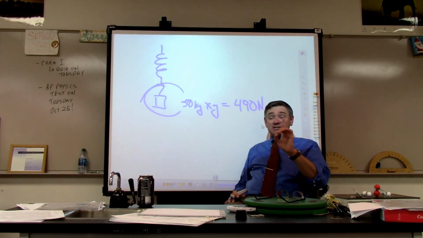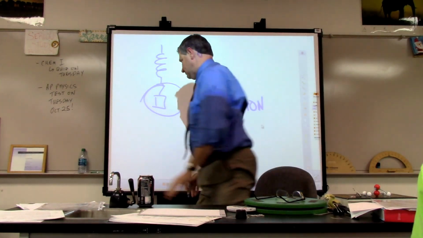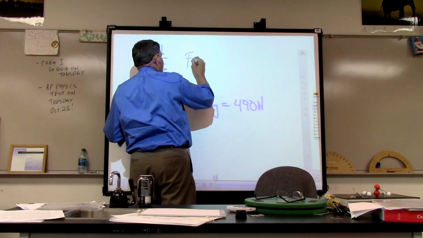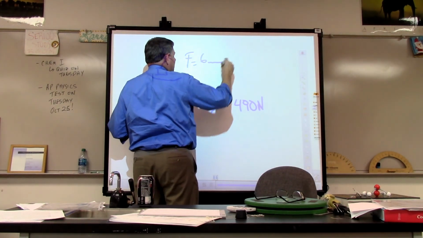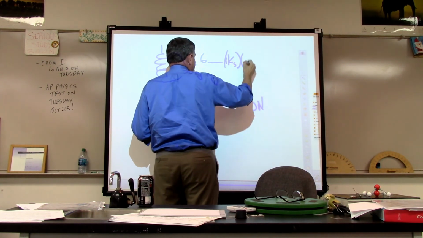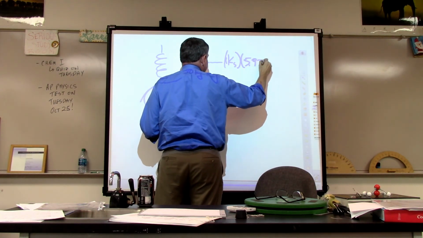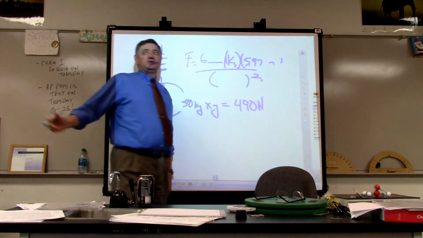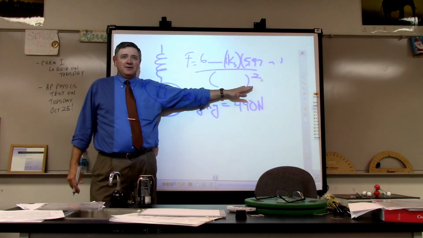Imagine this: on the very first day you all would have flipped out if I said, to find the gravitational pull on a 1 kilogram mass, you're going to take 6.67 times 10 to the negative 11th times 1 kilogram times the mass of the Earth, 5.979 times 10 to the 24th, and then divide it by that number squared. You would have said, I'll drop the class.